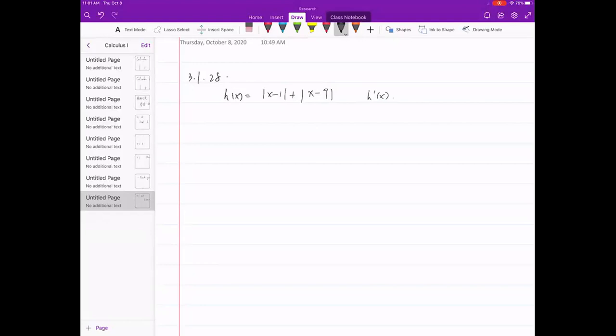Every time you see an absolute value, that basically means you have two options. Now you have two absolute values. That means two options each. You have four options in total. So x minus 1 can be either this or this, and x minus 9 can be either this or this.